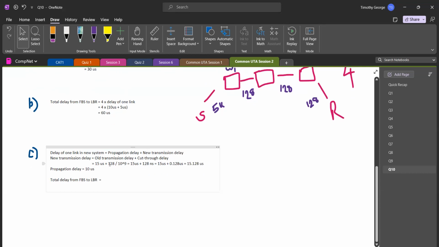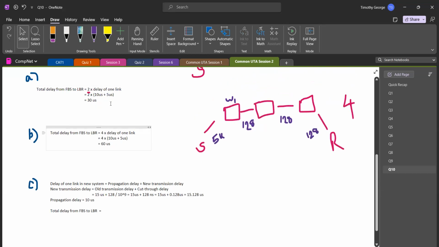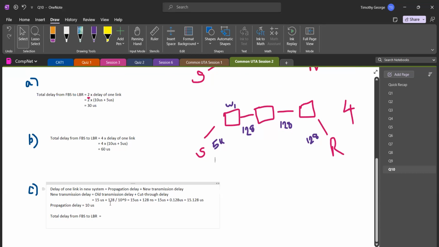So delay of one link is not going to be one link actually. So the first link, this is a little mistake in how I worded it. But the first link is going to take the proper 15 microseconds. So let's look at that. Link one, it's going to take 15 microseconds.